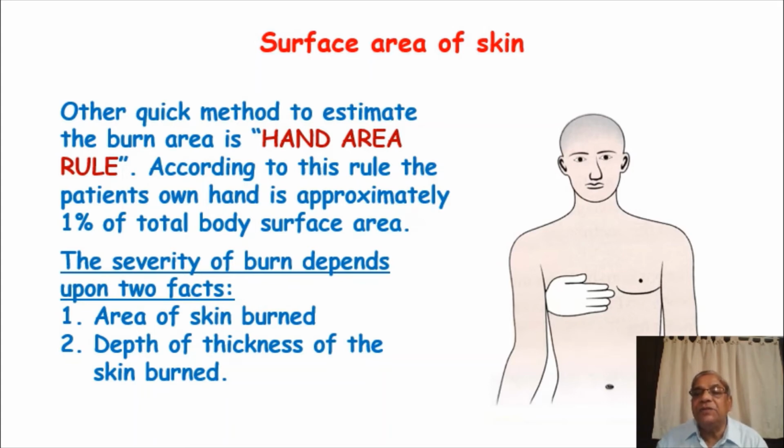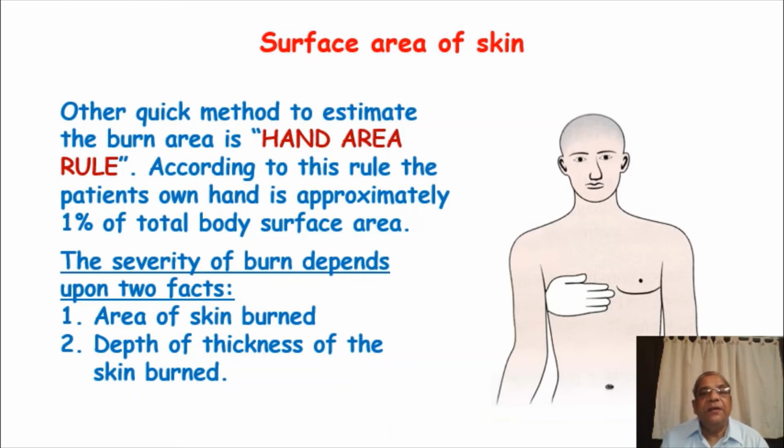That means the whole palmar surface of the hand, if you take it as a rough guide, this will indicate 1% of the skin of the body, out of 100. So this is a very quick and rough method for measurement of the surface area of the body.